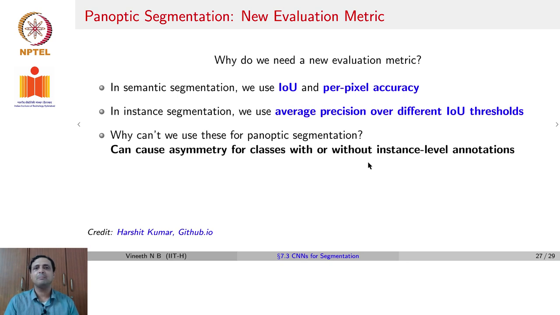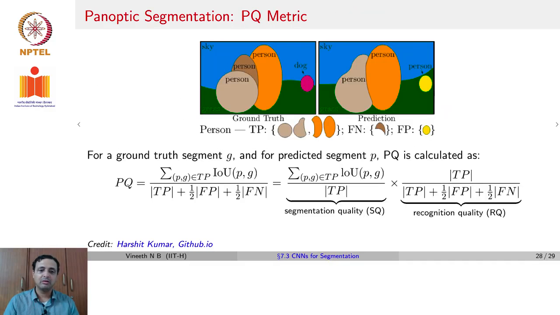Remember that in panoptic segmentation, you could have certain classes where there are multiple instances, for example, people or dog, and there could be certain classes such as sky, road, which may not have many instances. So to combine these metrics without considering these asymmetries may not be wise. So this particular work recommends a new metric known as the PQ metric.